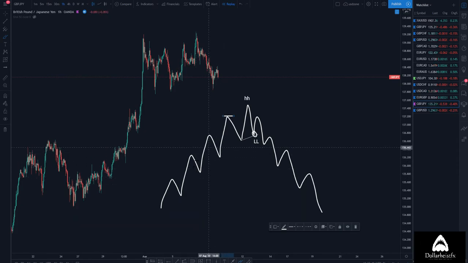Before this you see that this low is higher than this low, and it's above this higher high right here. Then all of a sudden this low breaks this higher high, and it stops right here.